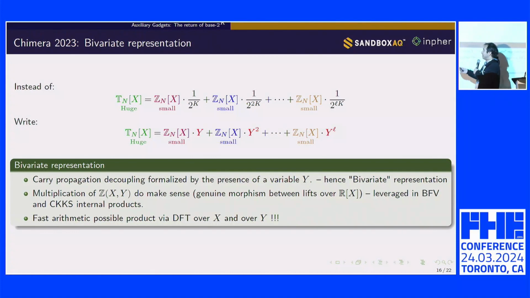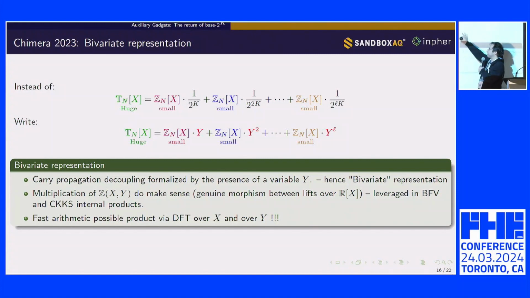But there is something even more. Now that you are in a polynomial arithmetic, if you want to do some fast arithmetic, you can do not only DFT over x, but also over y. And people who are familiar with the big number Schönhage-Strassen algorithm will already be familiar with this kind of technique.